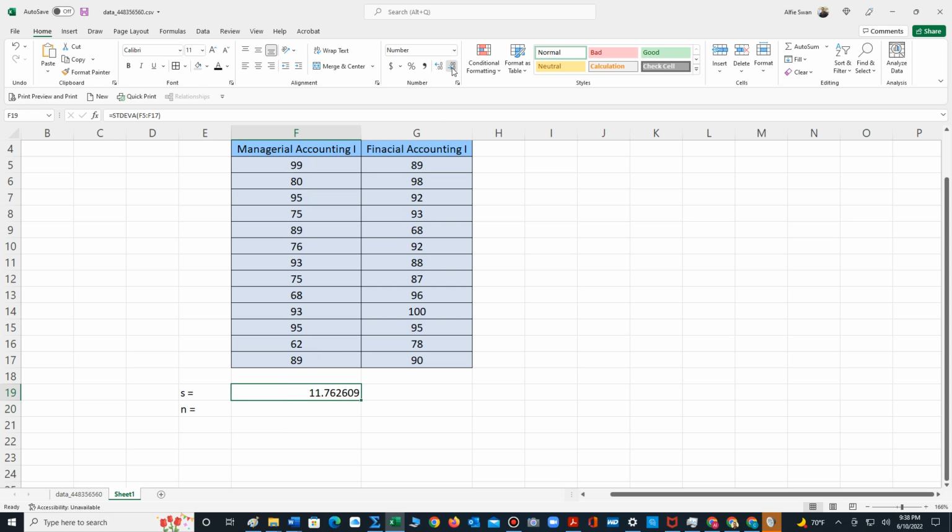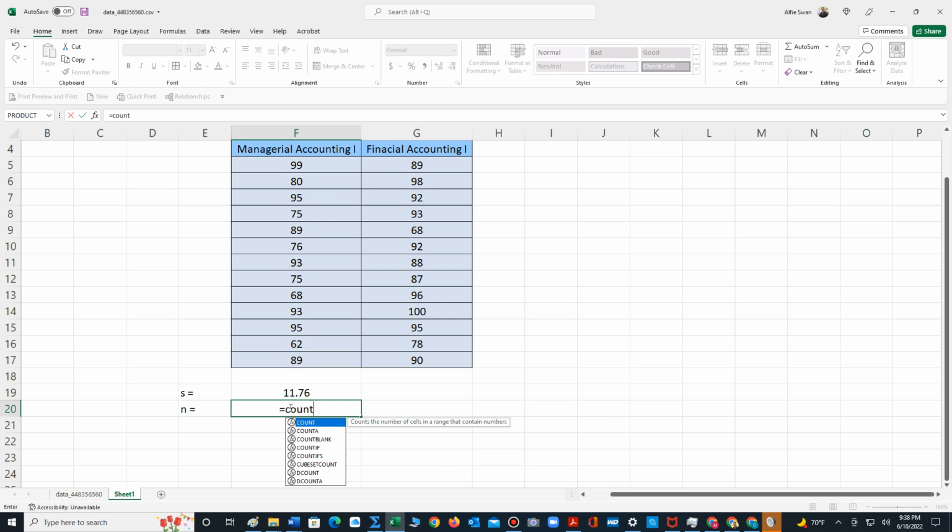I'll round it to 2 decimals. Thus, for the Managerial Accounting course, the standard deviation is 11.76.